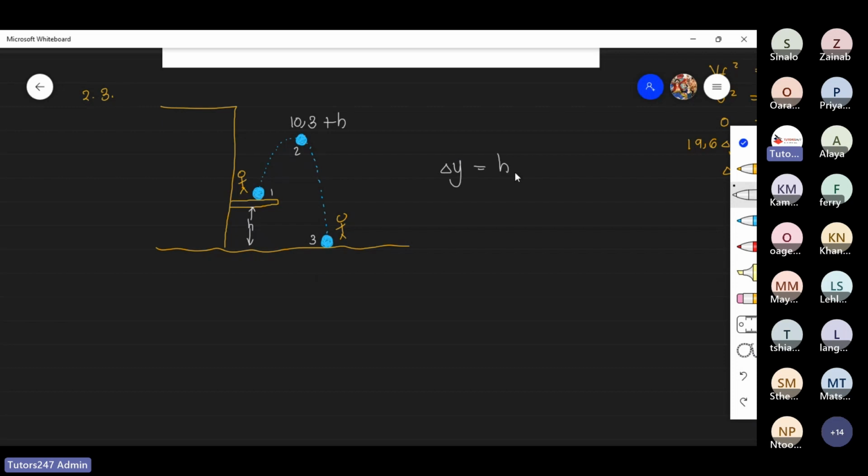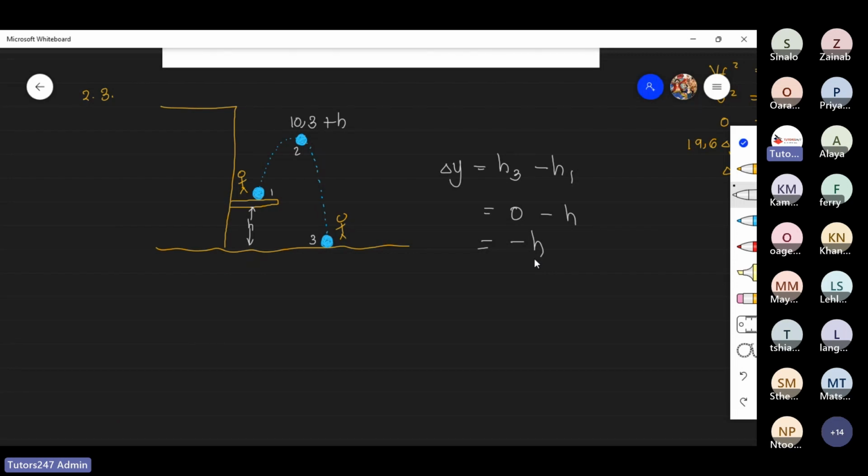Okay, so let us calculate this guy's displacement. We're going to take the final, which is height at 3, minus the initial, which is height at 1. So what is our height above the ground at 0.3? It's 0. Minus, what is our height above the ground at 0.1? It's h. So as you can see, we will end up with negative h. And whenever we deal with height, remember height is not the same as displacement, right?